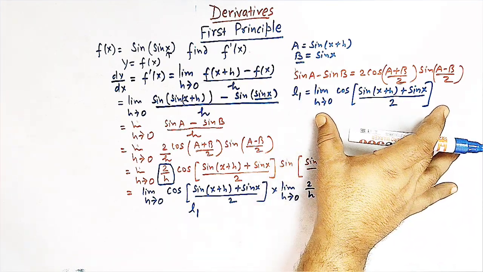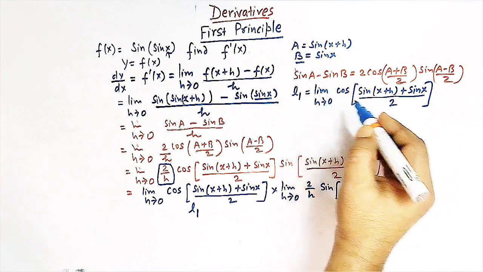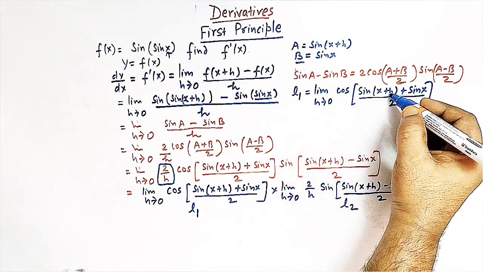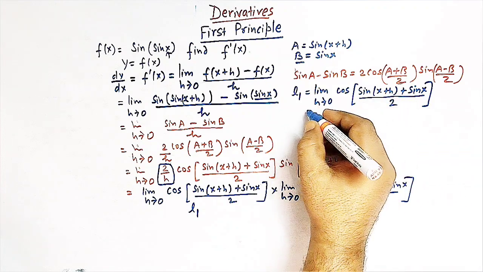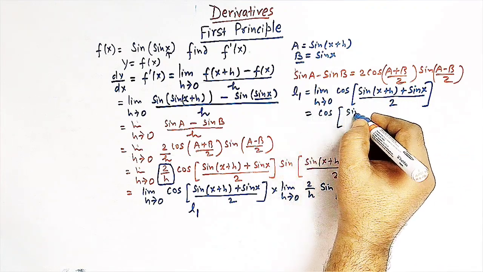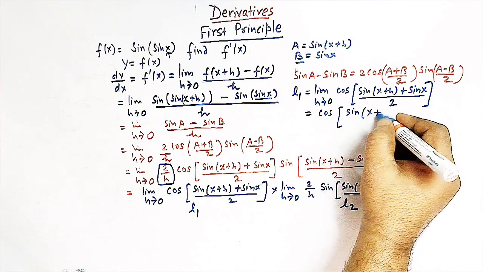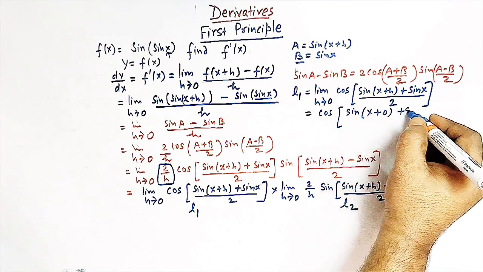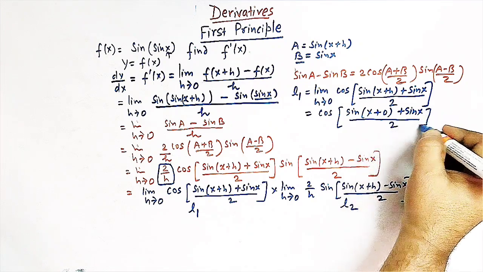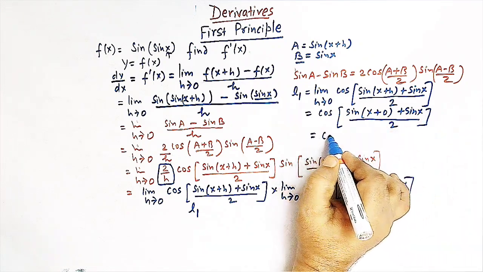So L1 is given by this limit. Now here we have limit h tends to 0. So let us take h is equal to 0 over here. So we have cos and then we have sine x plus 0. Then we have here sine x divided by 2. So we can now simplify it.